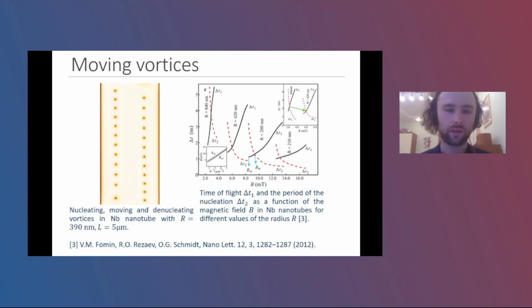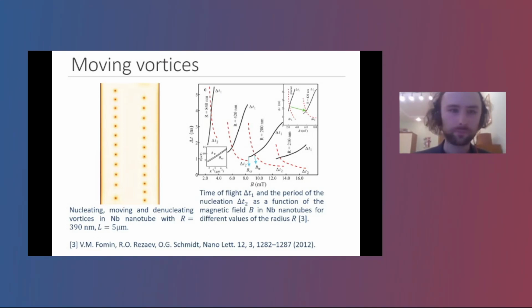And as Professor Fomin has already said, there are two characteristic times. The first time is the time of flight, delta T1, and the second time is the period of the nucleation, delta T2, and surely they depend on the external magnetic field and on the transport current.